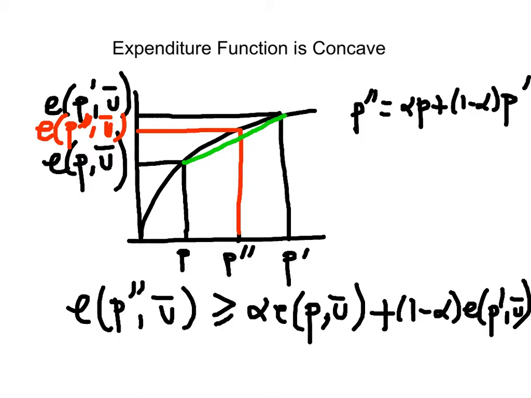It's a little bit hard to see, but you can see on my graph that this point is slightly higher than this point. This is what I'm trying to show, that the expenditure function is concave. I haven't shown you anything, I've just given you the definition. So how do I prove this result?